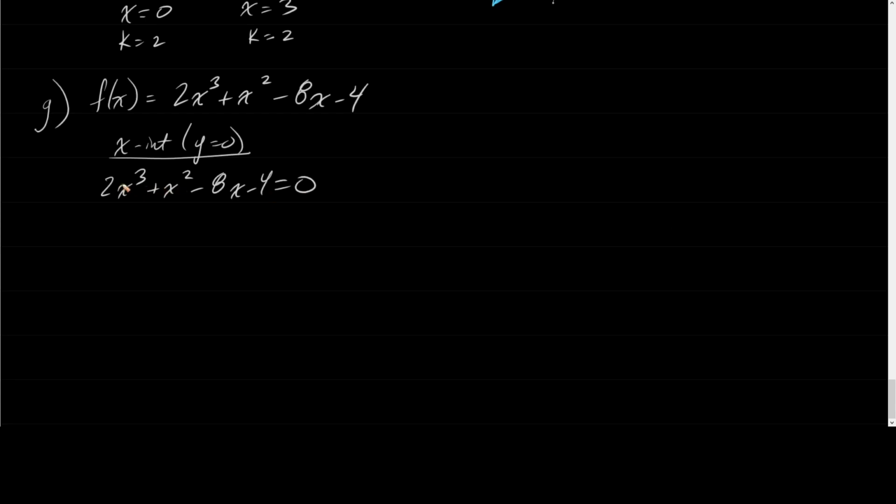From the first two, I see that I can take out an x squared. I'm left with 2x plus 1. From the second two, I can take out a negative 4, and I'm left with 2x plus 1 once again.